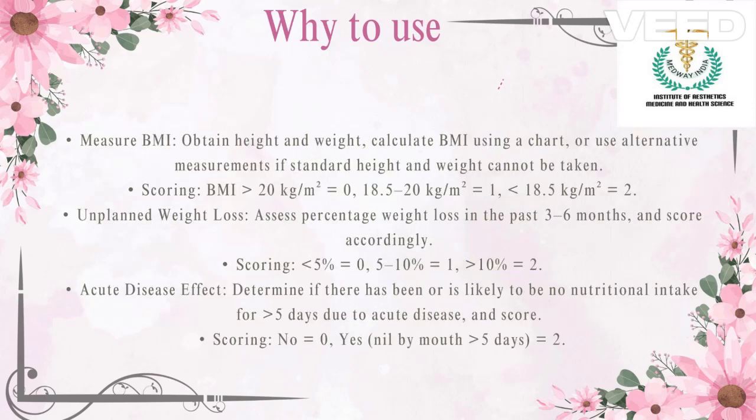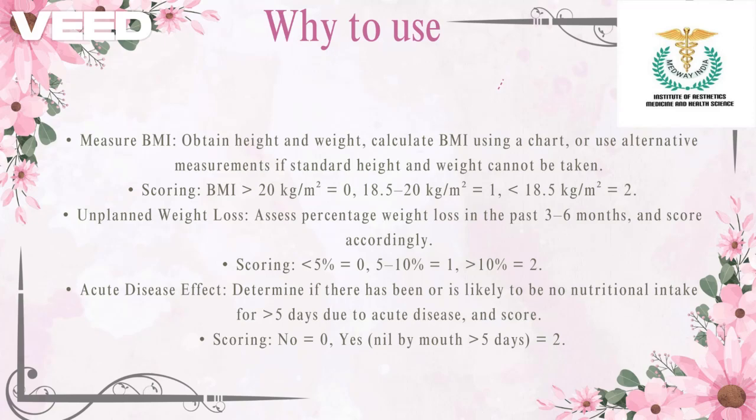So why should we use this MUST, and what is the scoring method? Now we are going to see the scoring method. First is going to be measuring BMI. In order to measure the BMI, we need height and weight, right? So that has to be measured. If the patient is lesser than 20 kg per meter square, they are malnourished.